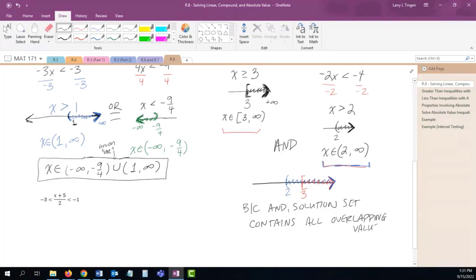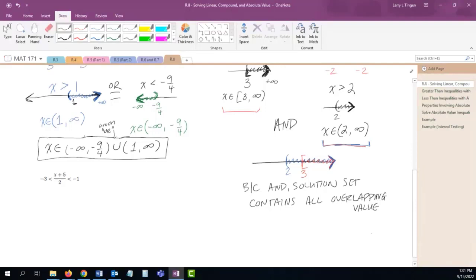So in terms of my drawing up there on the number line, it's everywhere that I have red and blue. Okay, so what are the values that have red and blue? Well, there's nothing to the left of 2 that's in either, so I don't have to worry about any of those numbers. 2 is not included in the red, so I don't have to worry about it.